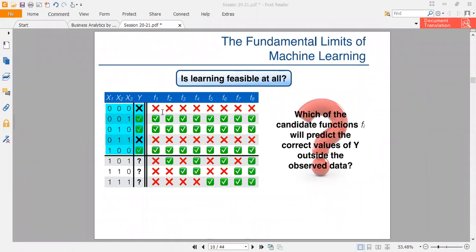So अगर आप यहाँ पे f1 से लेकर f8 तक ये सारे functions देखें on the right side, तो for the first 5 cases, these are giving us exactly the same result as these samples. ठीक है, तो हर function जो है वो आपको same result दे रहा है जो भी आपका original sample था.